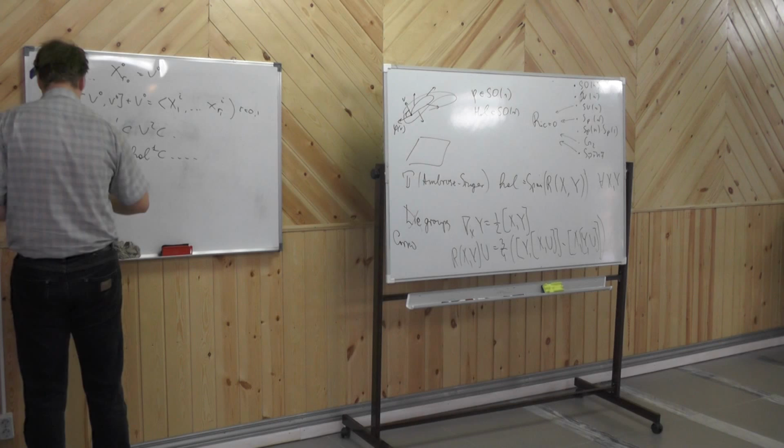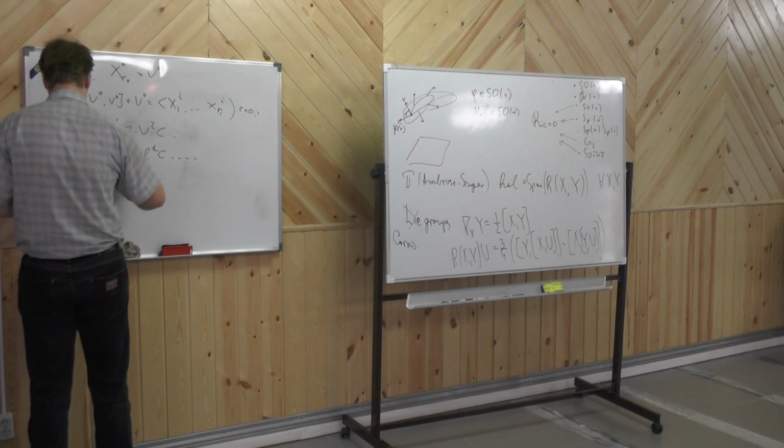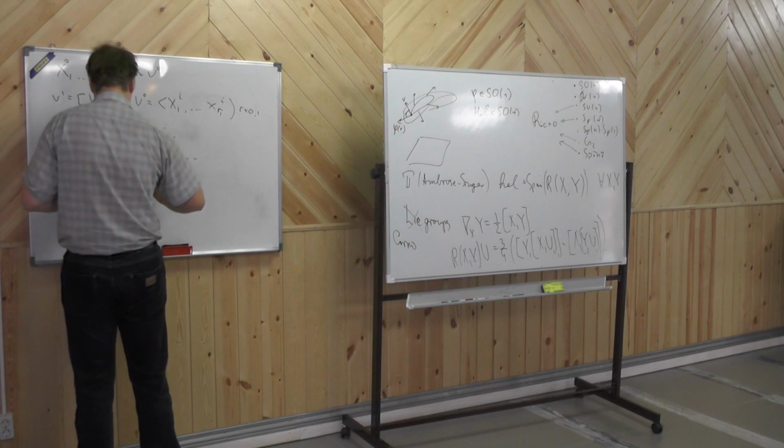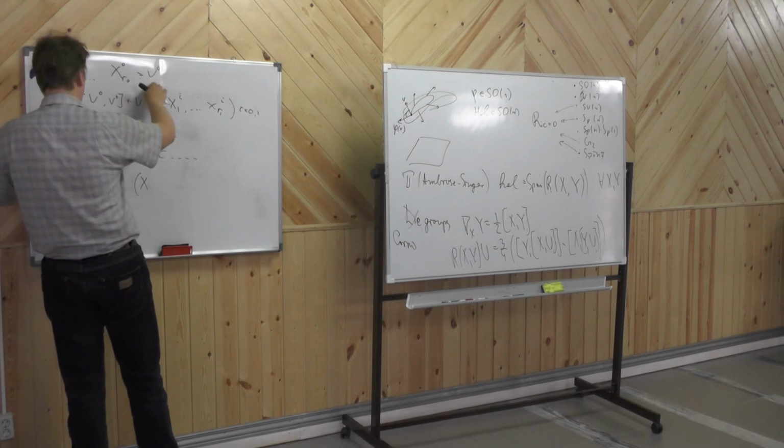And zero holonomy is just generated by vectors you input from here.